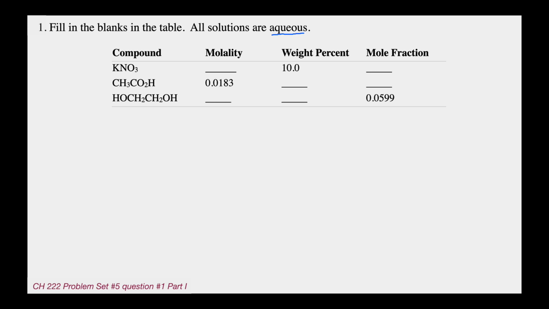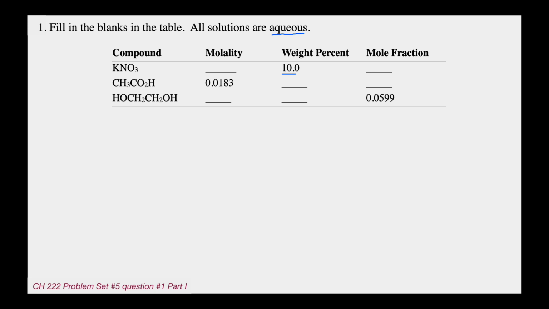Aqueous means water. So in this problem, KNO3 is the solute and water is the solvent. So in this first equation, we're starting with a 10% KNO3 aqueous solution, and it says what's the molality and what's the mole fraction. Simple, no problem. Anyway, nothing you can't handle.